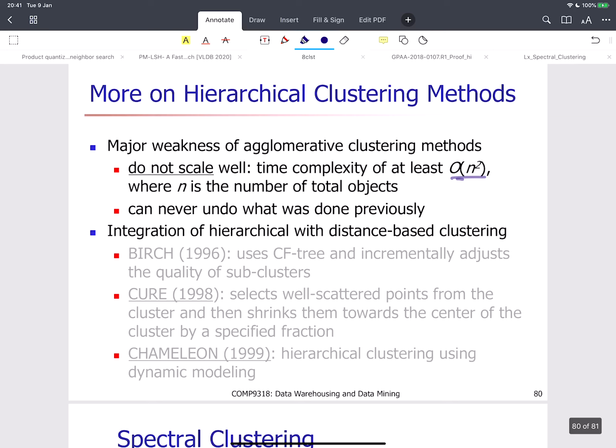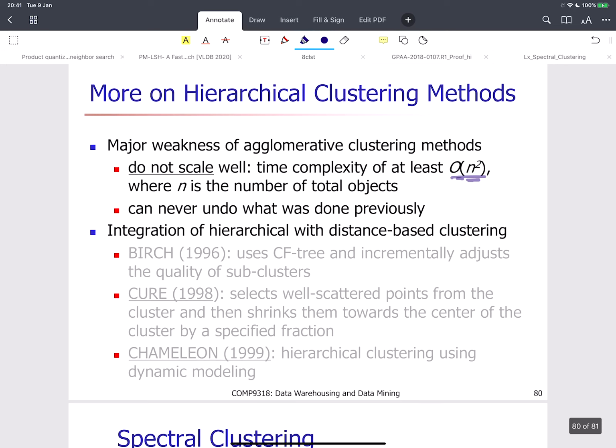There are also more complex hierarchical clustering algorithms using more complex criteria, and they typically are more than quadratic. Remember that quadratic is already very bad for large matrices. Nowadays, if I give you 1 million documents, which is very common, think about clustering on tweets or whatever, then if n is 1 million, n squared is too large to be computed.